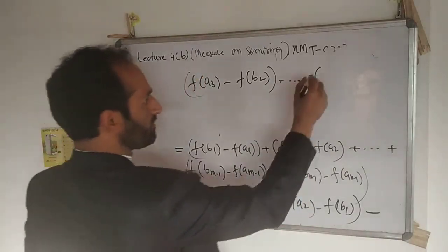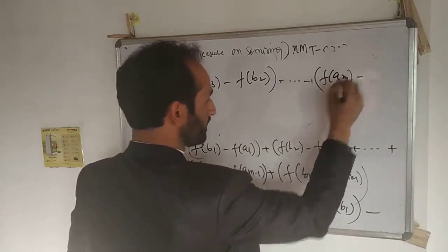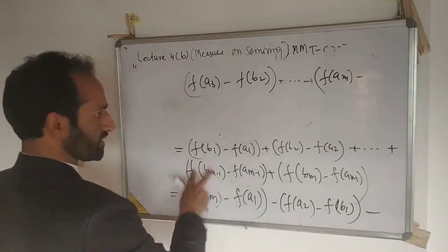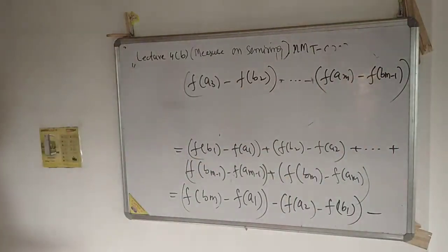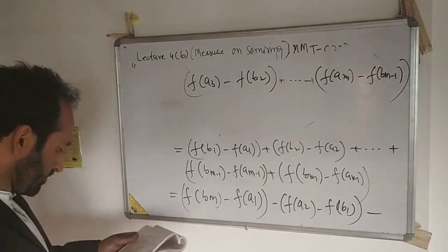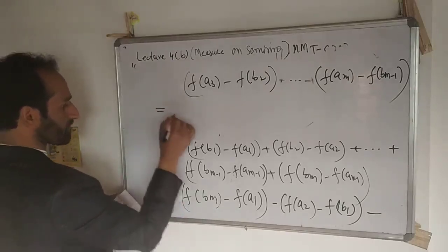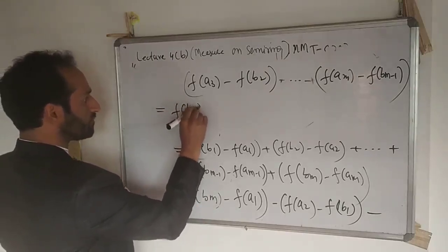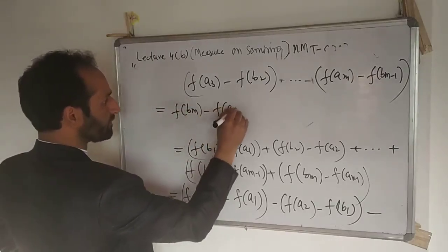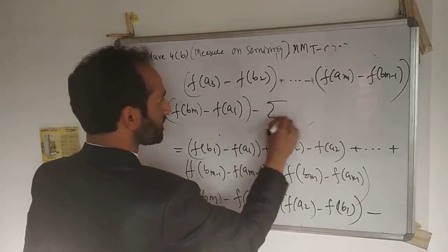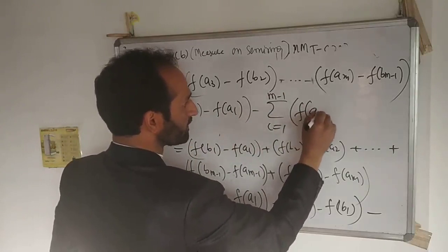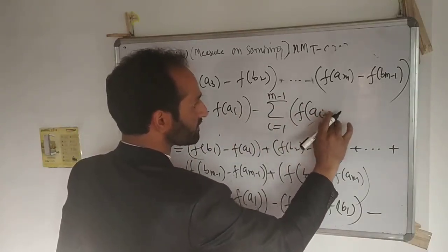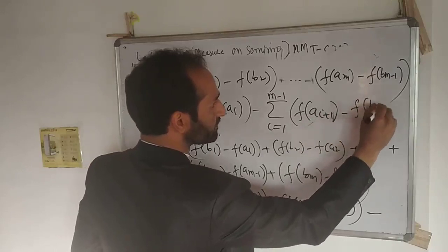So what's here? Minus f of am, minus f of b(m-1), and f of b(m-1) is plus. Okay, so it's equal to f of bm minus f of a1, and the minus term is the summation i runs from 1 to m minus 1 of f of a(i+1) minus f of bi.